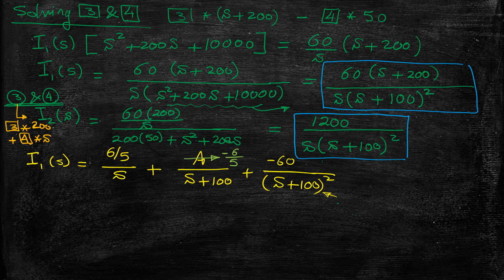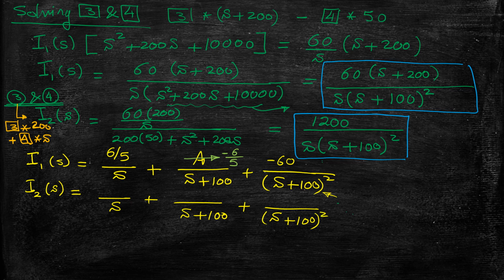Again, we can do the same for I2 of S. So this I2 of S will be equal again to something over S, plus something over S plus 100, and another over S plus 100 squared. This constant, again by substitution, will be 6 over 5.